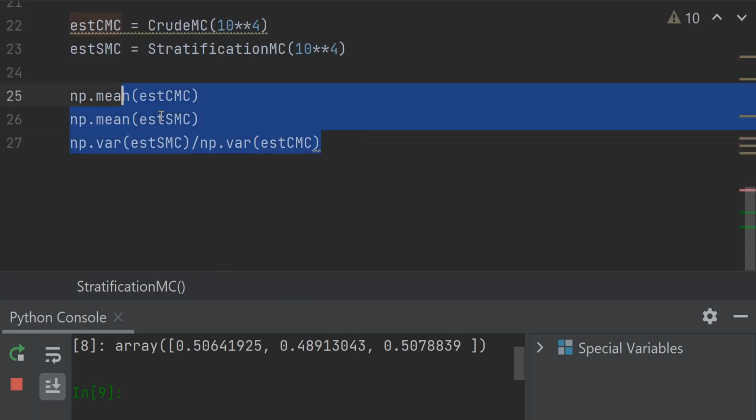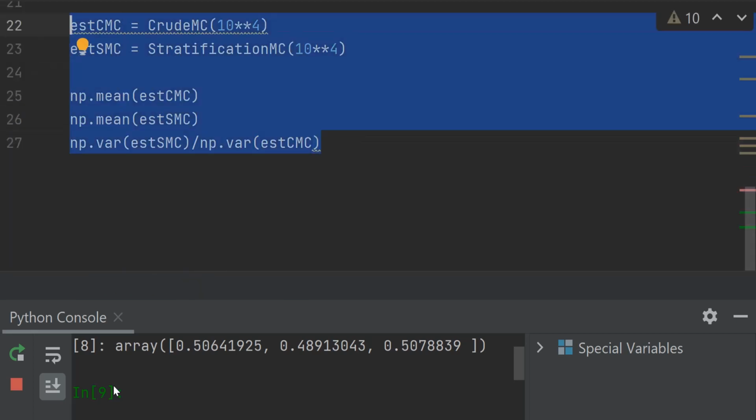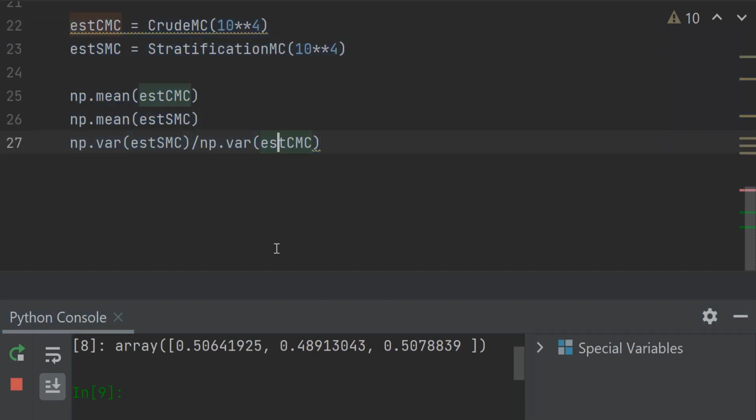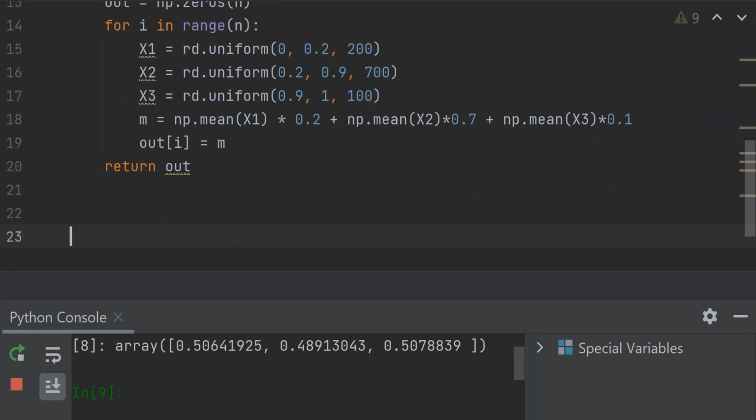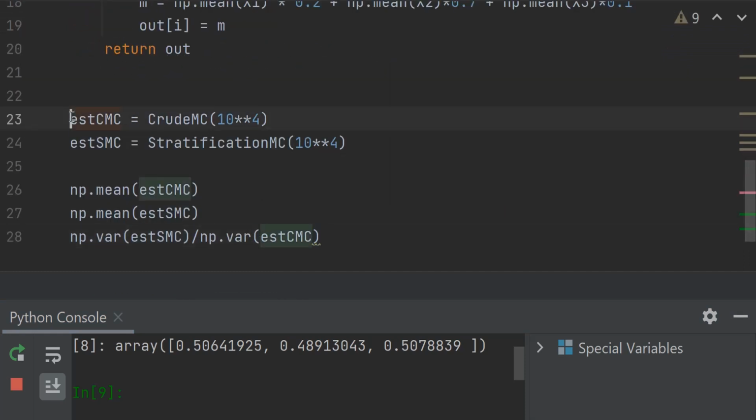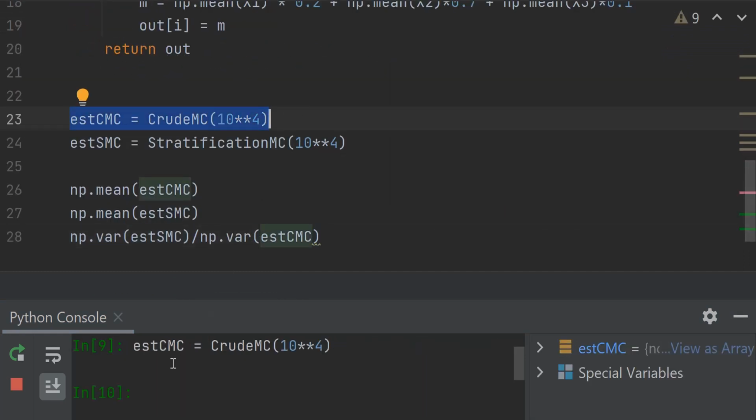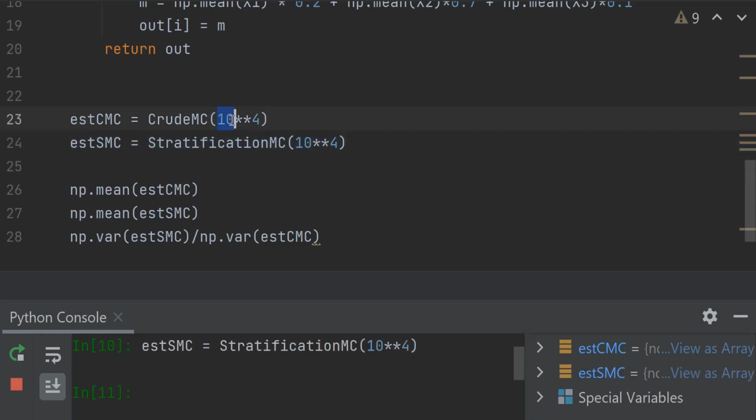Now, what I do next is I estimate. Let me just write this out. I'll do that in a second. So I create 10,000 estimates using both methods.